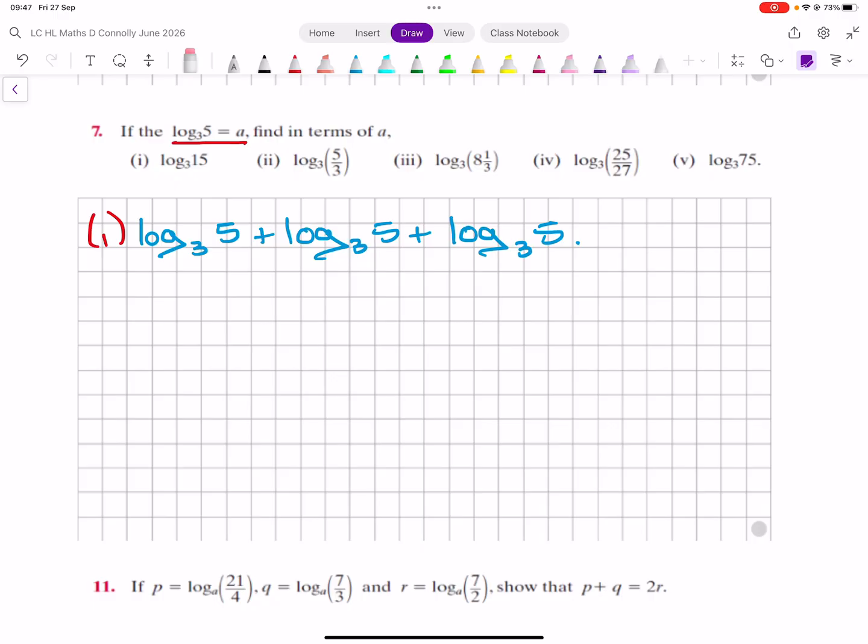So it would have to be that, because then the addition would become a multiplication. Yeah, okay, so this worked. And log to the base 3 of 3, you can double check on your calculator, but that is 1, and log to the base 3 of 5 is a. So that is in terms of a.